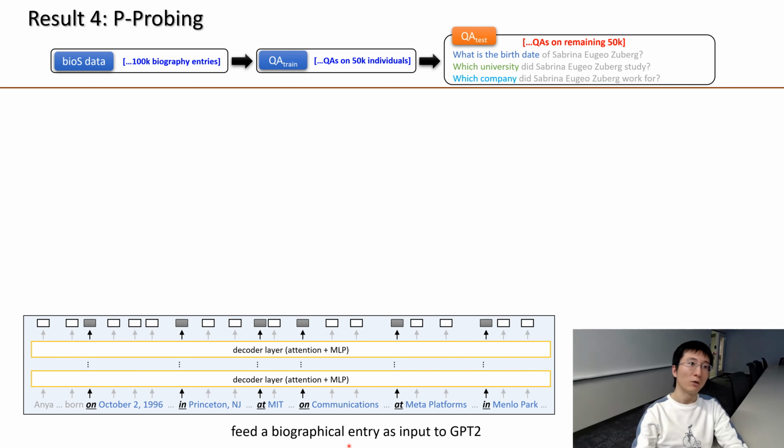We feed a biographical entry as input to GPT-2. GPT-2 is a decoder-only model. It has, for instance, 12 layers. Then we take 6 special token positions, which are the prepositions right in front of the 6 knowledge attributes, like the on, the in, the at, and so on. We let the model take this as input and process for 12 layers.